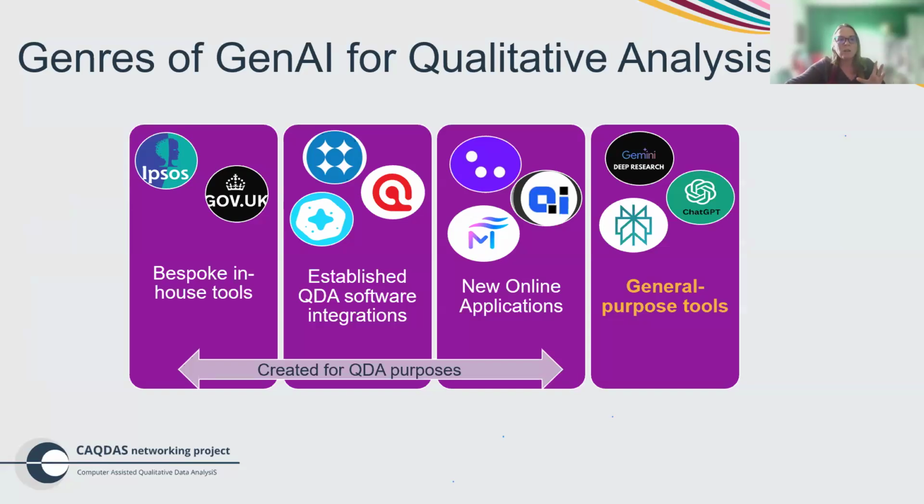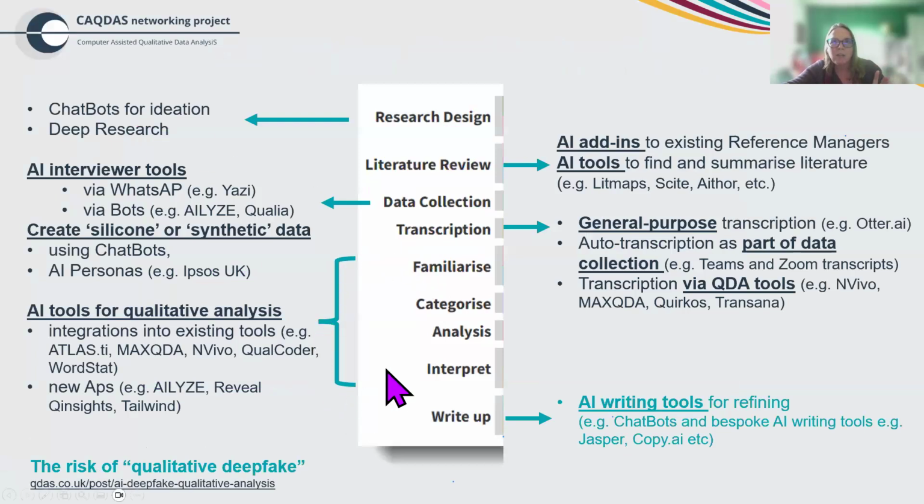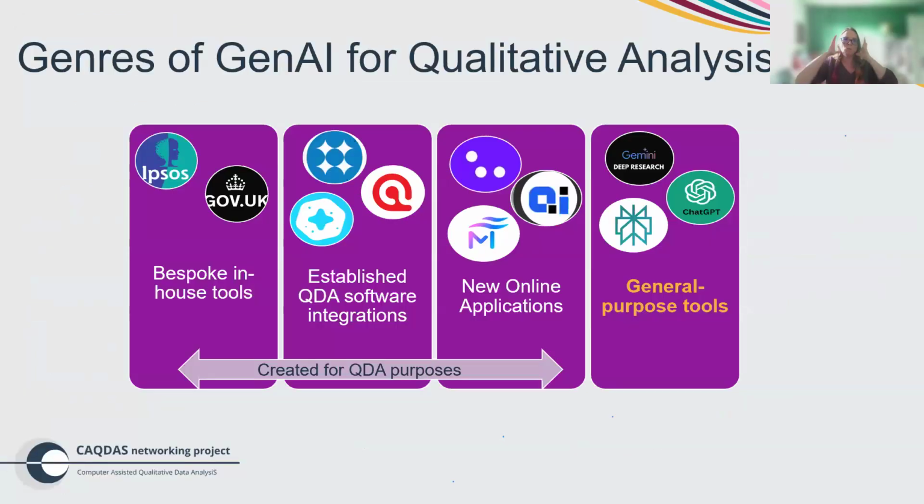So thinking about the qualitative analysis space, just going back here, this area here: familiarize, categorize, analyze, interpret. Let's think about tools for those kinds of purposes in a bit more detail.